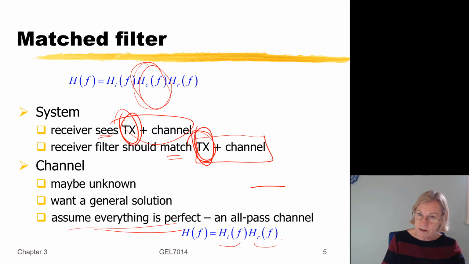Of course, channels can be very important. We're going to include it. But for the discussion that we're going to have today, we're really concentrating on this idea of a transmit filter for shaping, and a receive filter which is matched to that. And for this discussion, we're not going to see the effect of the channel. In fact, we're just going to assume that the channel is this perfect all-pass channel that does not affect the system.